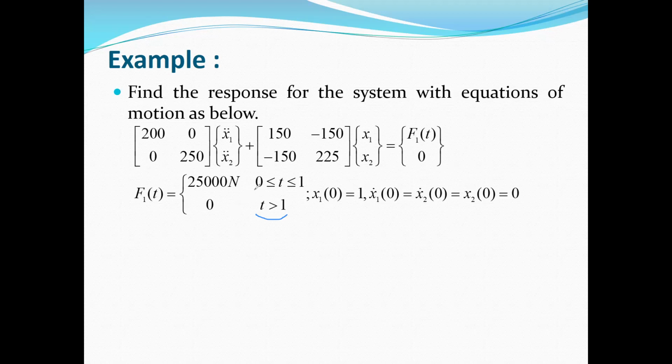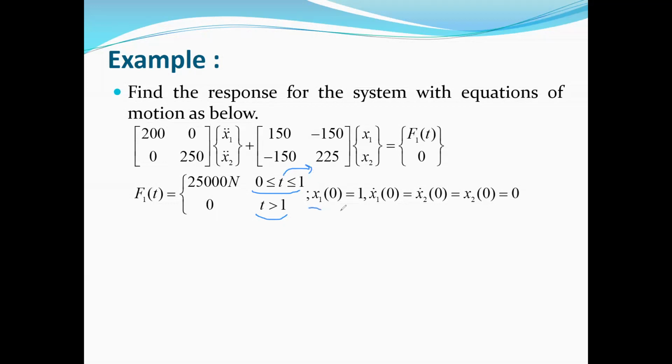So we can find the response for this interval, and after t is more than 1, the response can be obtained as a homogeneous solution because there is no external force. We only need the initial condition, which can be obtained from the response in the first interval.